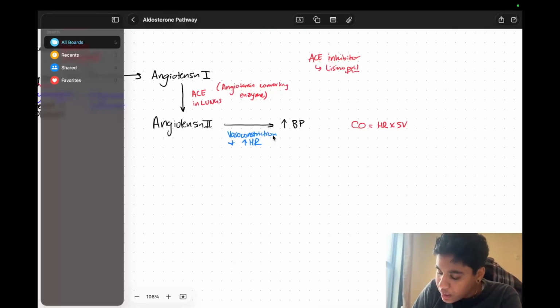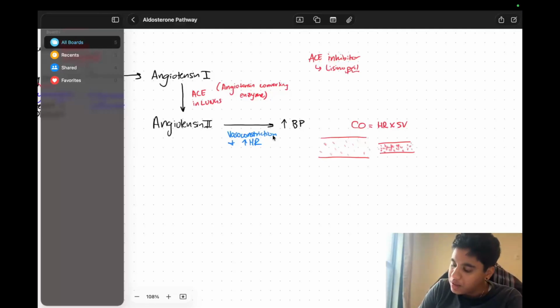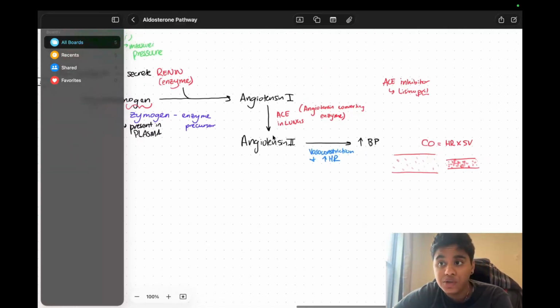So now, instead of having this really big tube with this amount of blood, you now have a thinner tube with a lot more blood, right? And these guys are going to exert a higher pressure against the walls. Okay, so that's one way that this whole pathway is able to increase your blood pressure.